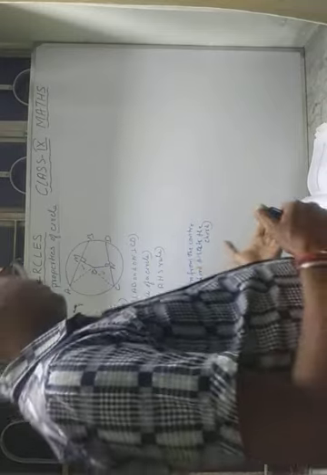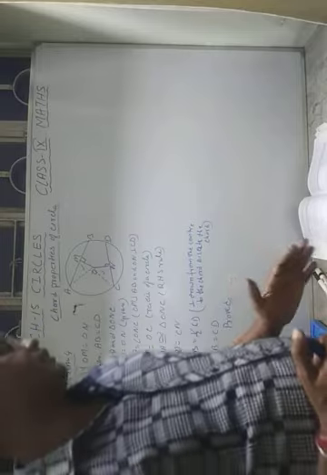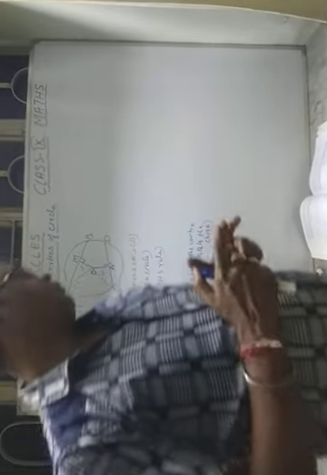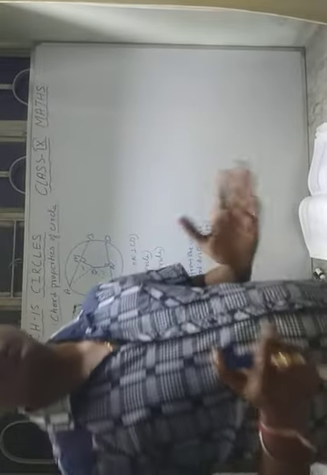It is said that there is one and only one circle passing through three non-collinear points. This is theorem number 5. It means if you take three non-collinear points, suppose A, B and C. What are non-collinear points?